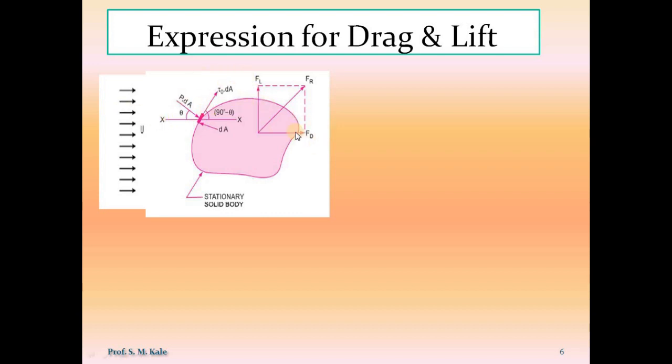Now to calculate the formulas for drag and lift, we are going to divide the entire stationary solid body, which has the total area A, into a number of small elementary areas, each having the area dA. After dividing into a number of small areas dA, for study purposes we consider any one small elementary area.